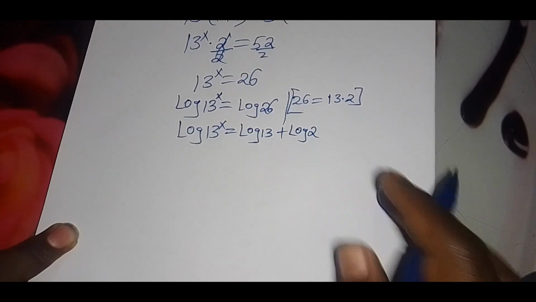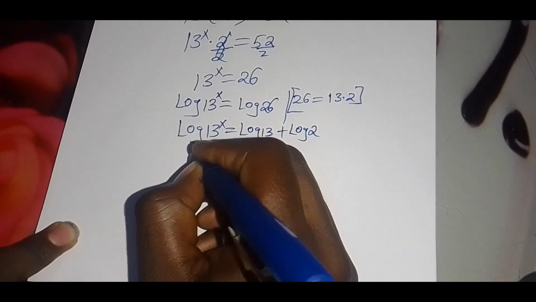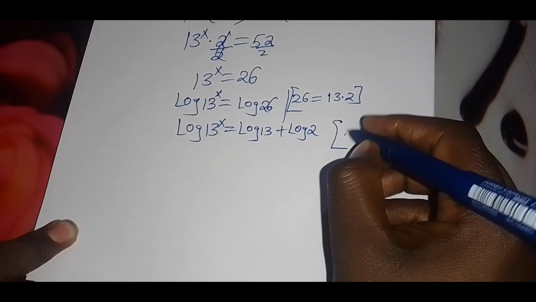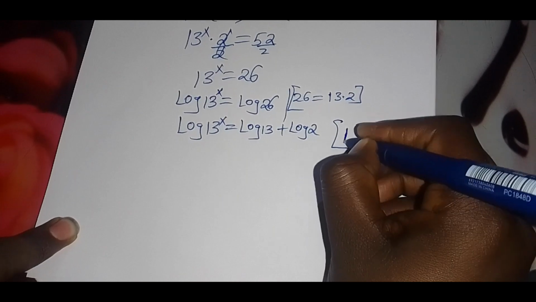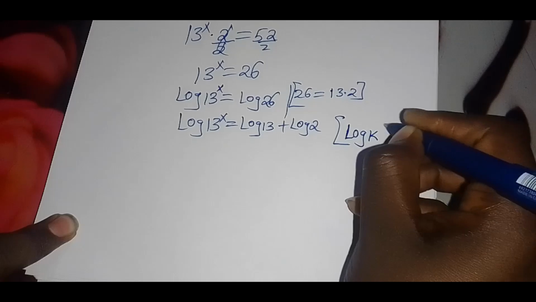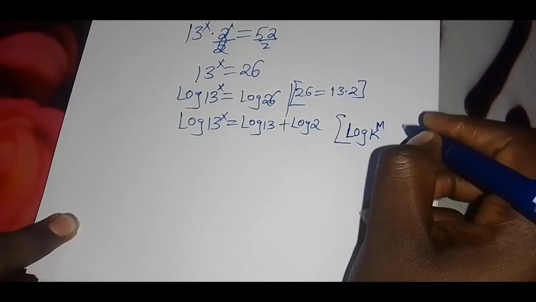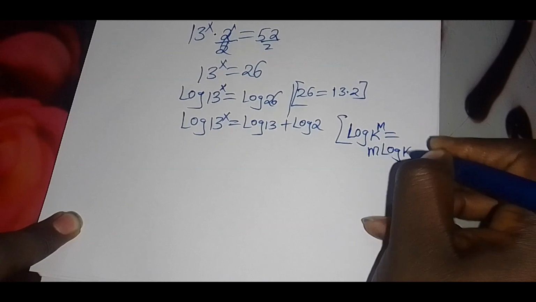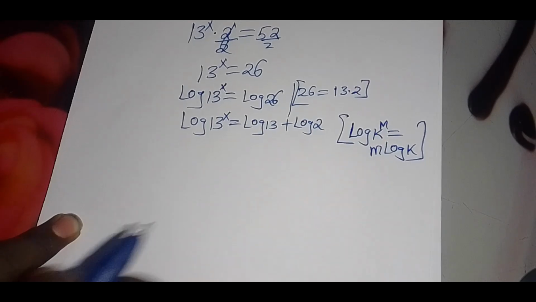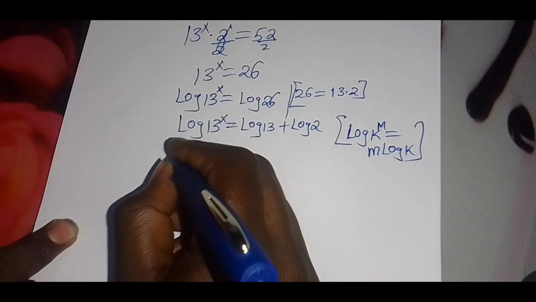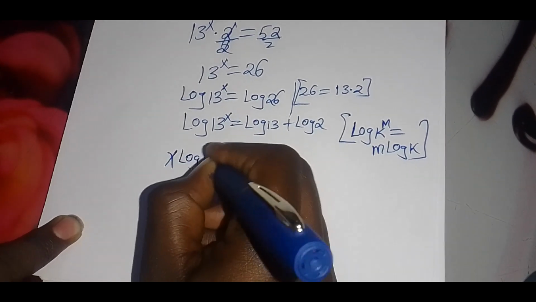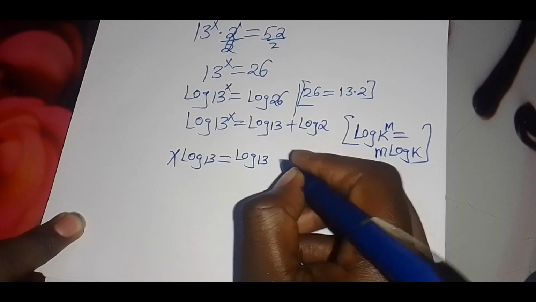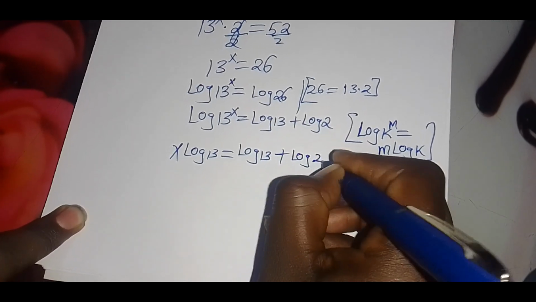Okay. So now we introduce this property that if you have log k raised to power m, this can be expressed as m log k. So we apply this property, so that we're going to have x log 13 equal to log 13 plus log 2.